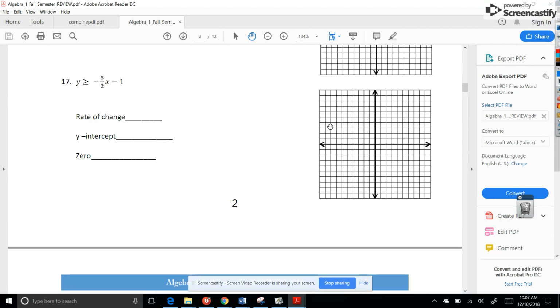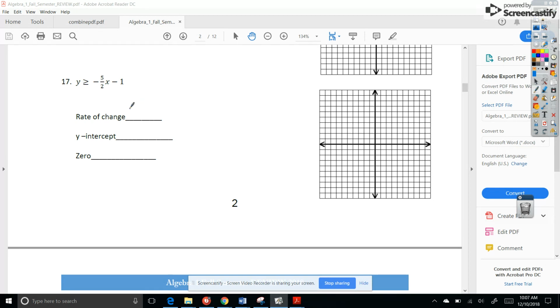Ooh, we have an inequality. It's in slope-intercept form, that's nice. So my rate of change is -5/2. My y-intercept is (0, -1). So that's where I'm starting. And I'm going down 5, right 2.